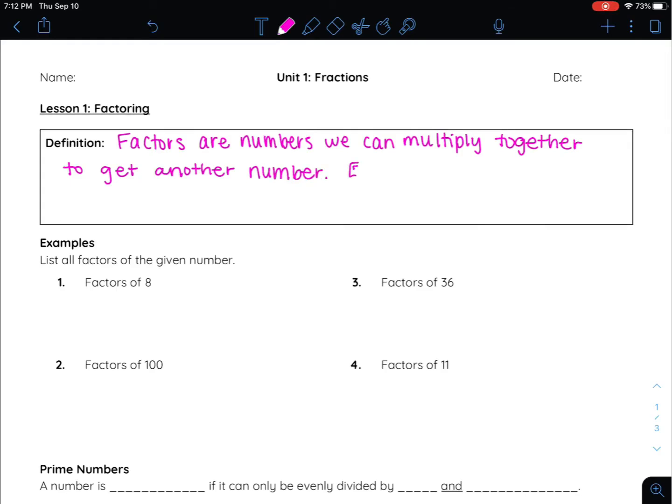Here's an example. 2 times 4 equals 8. So 2 and 4 are factors that give us the product 8.